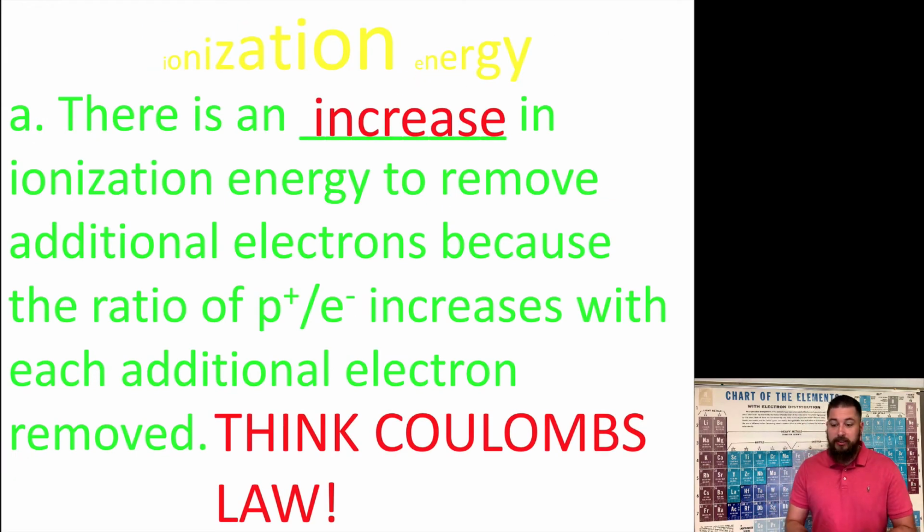Now, there is an increase in ionization energy to remove electrons because of this proton to electron ratio, which is what I just talked about a moment ago. When you're removing a second electron, there is an increase because you have an increase in the proton to electron ratio. You have fewer electrons and the same amount of protons, so it creates a larger force of attraction.